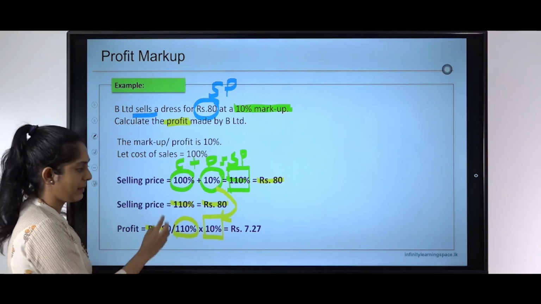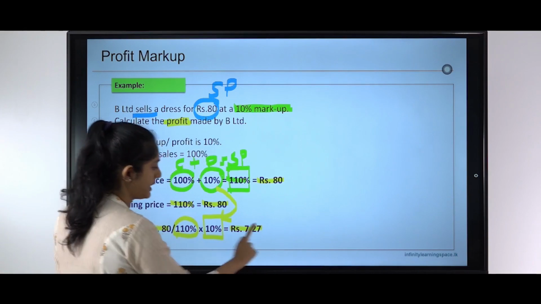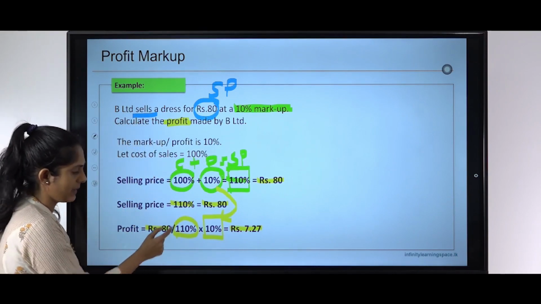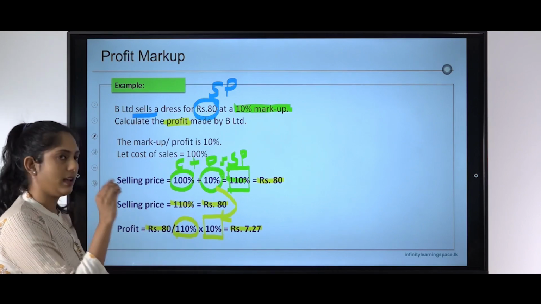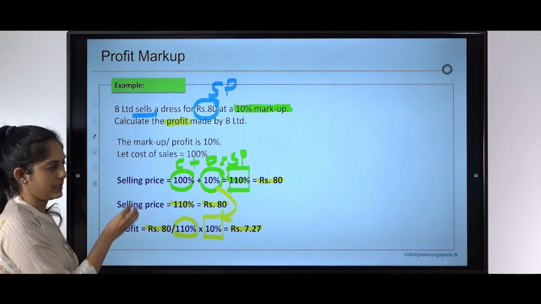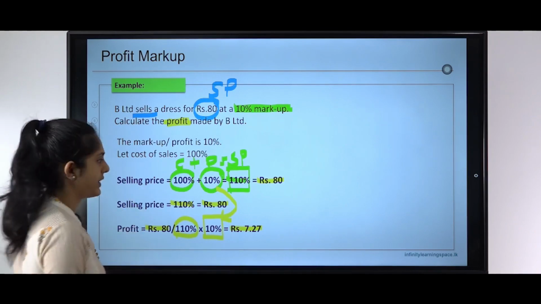So, multiply it back by 10% only, so that you get the profit, which is 7.27. Basically here, by dividing by 110%, you are saying 1% is equal to how much? So, 10% is equal to this, right? So, 80 rupees represents 110%.